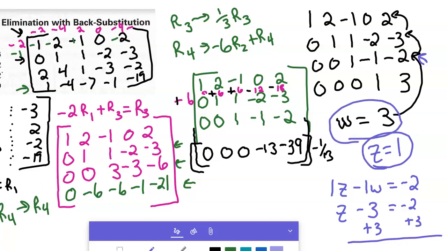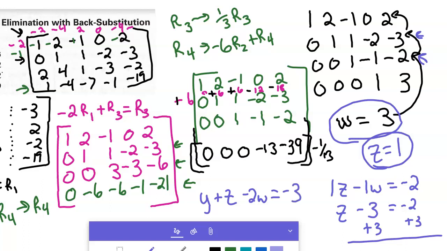And then you plug those 2 in to the equation right here, our second equation, which would be y plus z minus 2w equals -3.